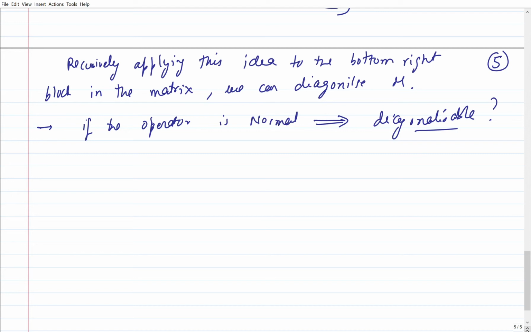How would you prove the converse part, that if a matrix is diagonalizable, then it is normal? So diagonalizable implies it's normal. Even that part is rather easy. There's not a big deal about it. Think about it. How are you going to do that?